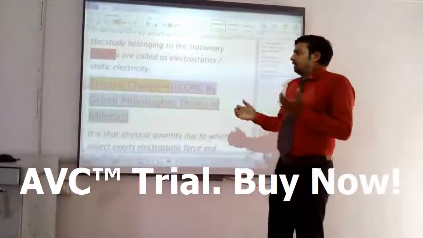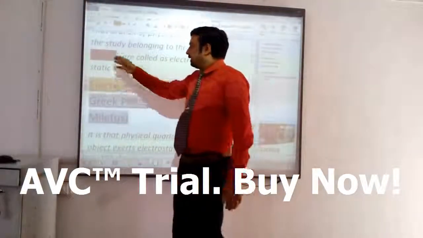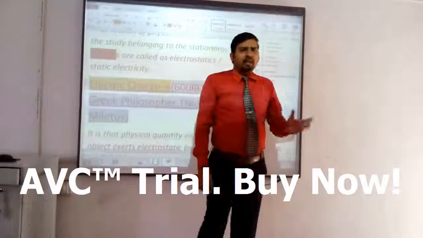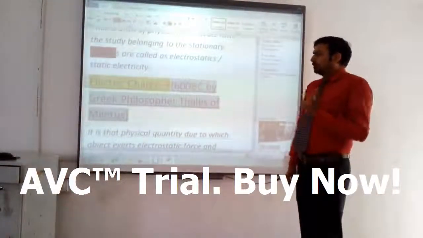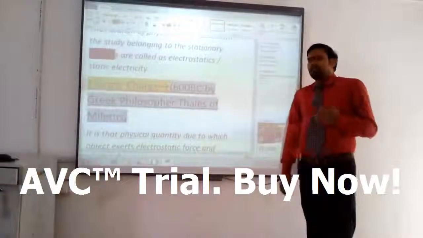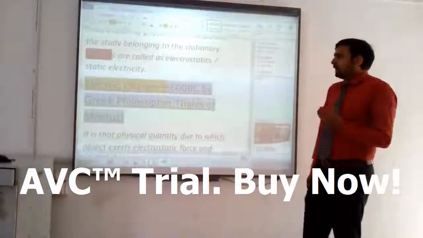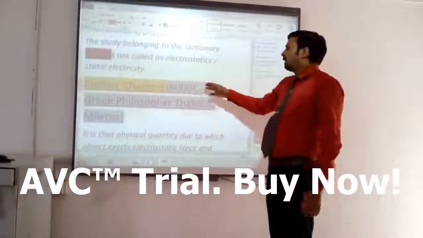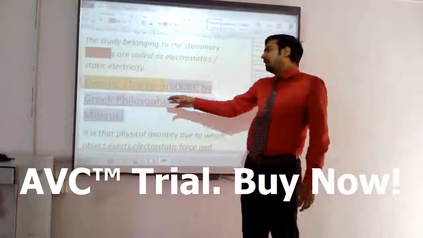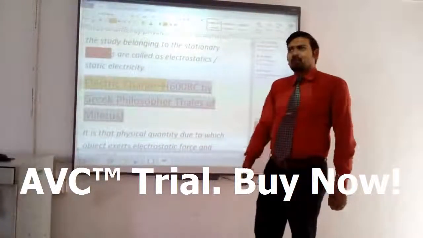So in this definition, one thing is coming, that is charge. Charge has been already introduced in your small classes, but let us go technically with the charge. We call it the electric charge, and this was discovered around 600 BC by a Greek philosopher, Thales of Miletus.